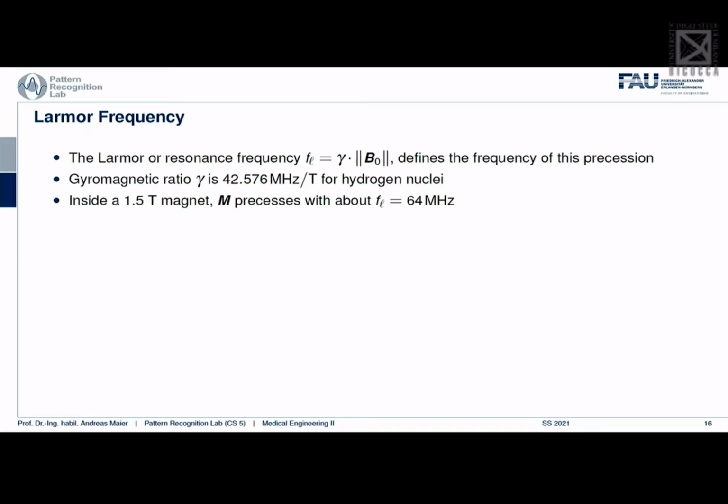The frequency of precession is due to classical electromagnetism law, due to the magnetic strength of your magnet, in this case the hydrogen nuclei, and the strength of the magnetic field. Combining that, the precession frequency is 42.576 megahertz per Tesla, which means that in a 1.5 Tesla scanner, you have 64 megahertz, or 128 in a 3 Tesla scanner.